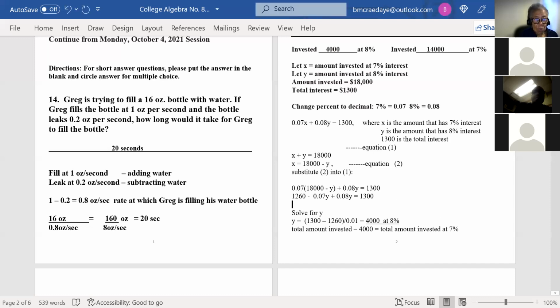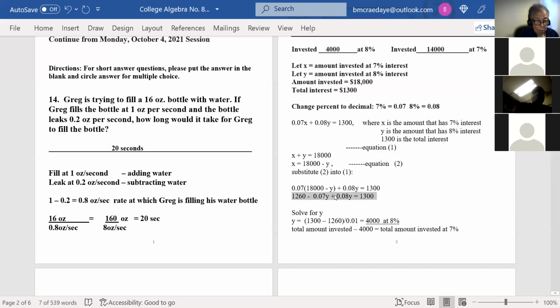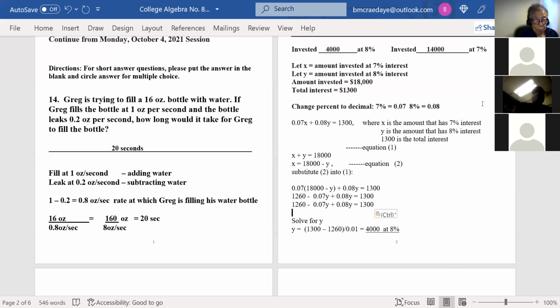So if I subtract the 0.07Y from 0.08Y, let me just copy this. So the 0.07Y and the 0.08Y, these two Y terms will give you 0.01 because that's a plus, right? So I have to subtract 7 from 8, which is 1.